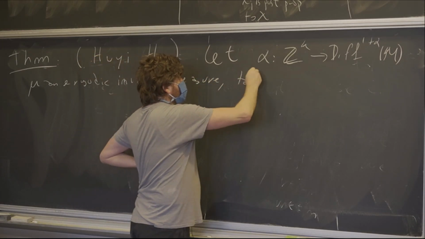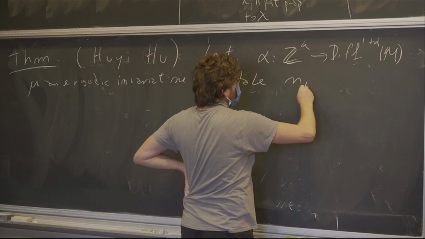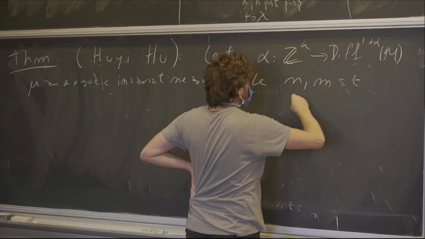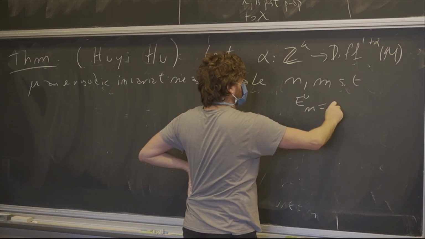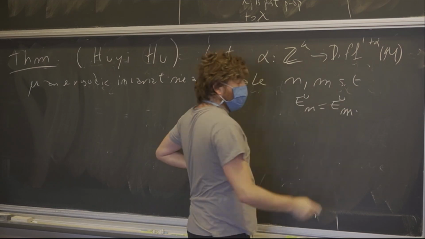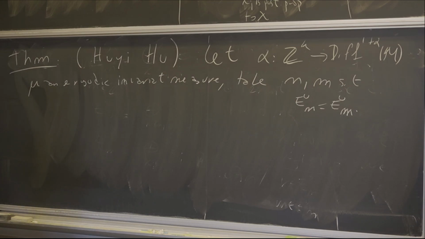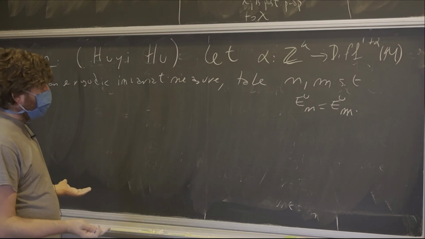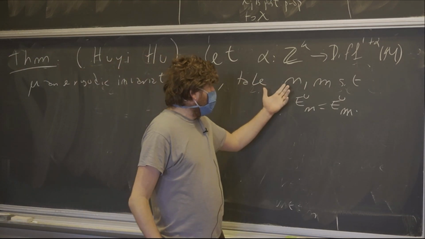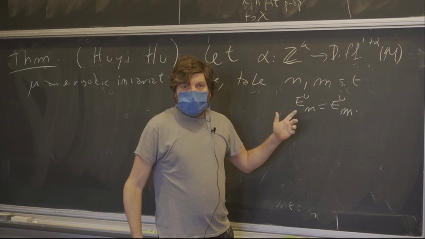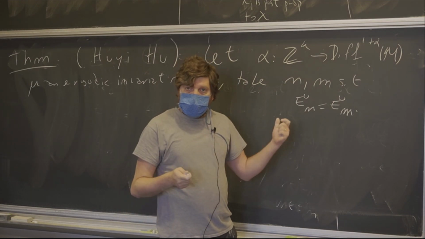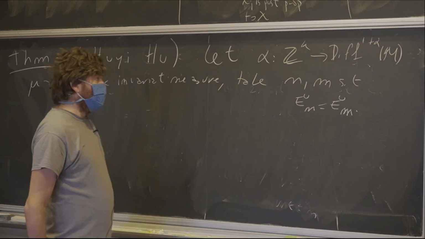And then take n and m such that E^u_n is equal to E^u_m. Okay, so two elements which have the very same unstable. So the guys could be one a power of the other, could be the same guy, could be very close projectively, so that these are the same.